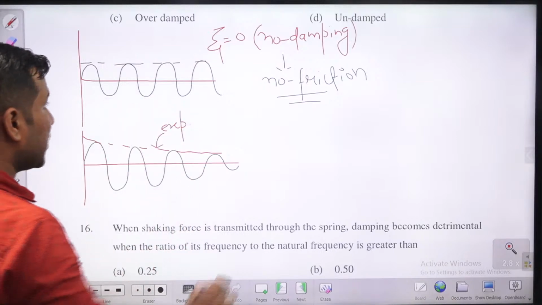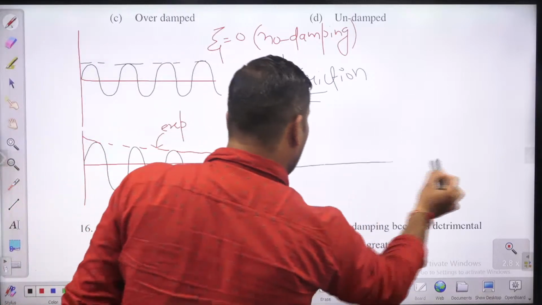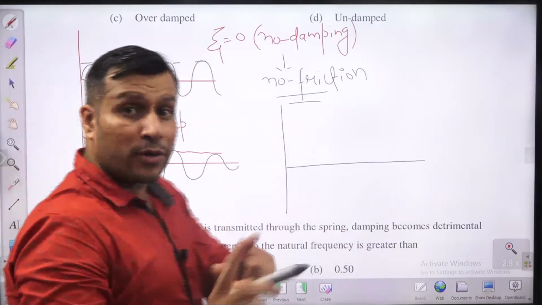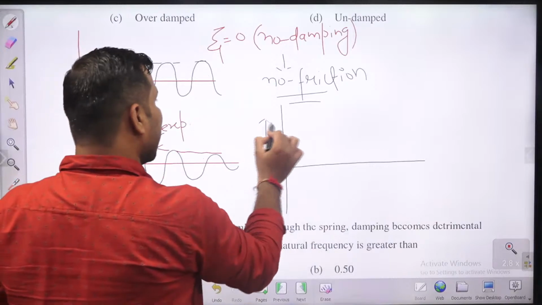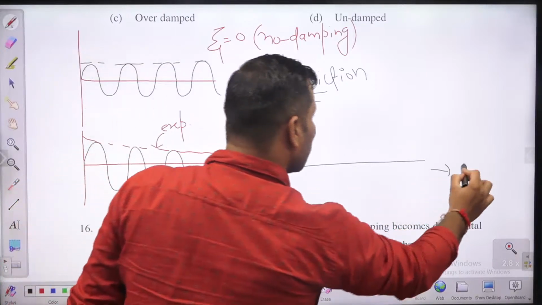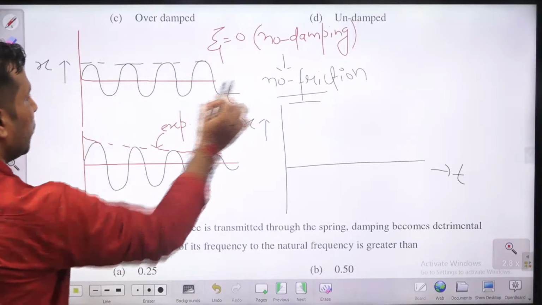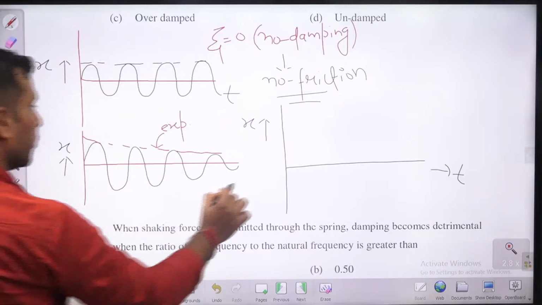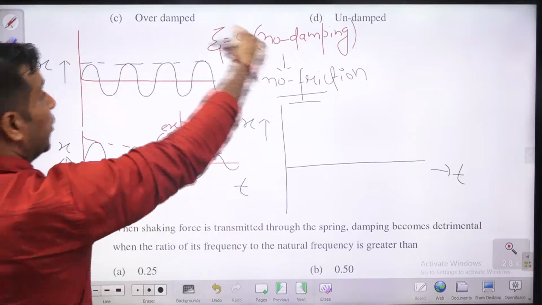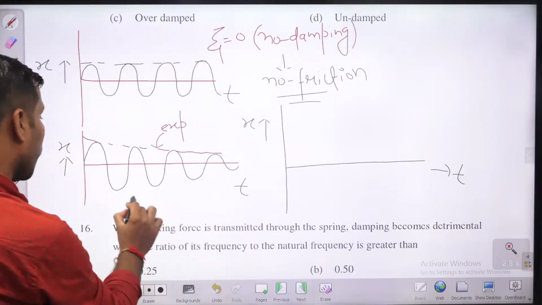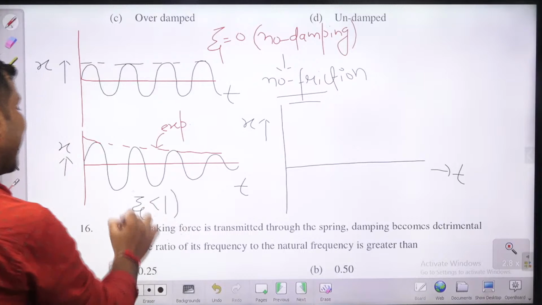Now, what if you have an overdamped or critically damped system? These all are x versus time plots, guys. This is the displacement versus time plot. This is for no damping, zeta 0. This is for zeta less than 1, underdamped.